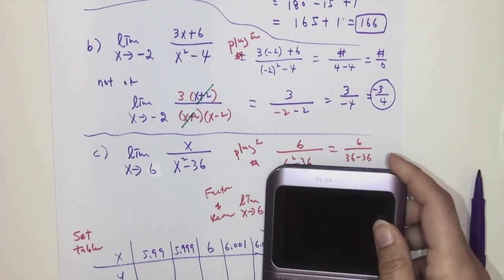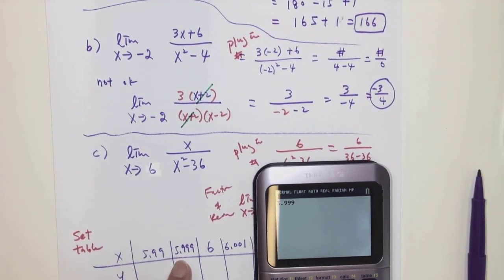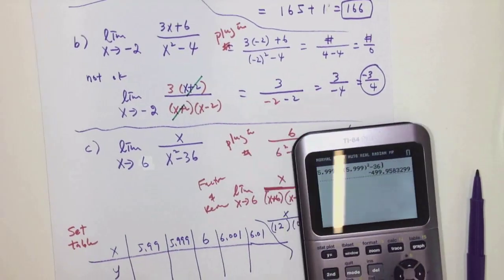If I am doing the left-hand side, 5.999 divided by a parenthesis of 5.999 squared, and then minus 36. Let's close that. I got a negative 499 point something, right?